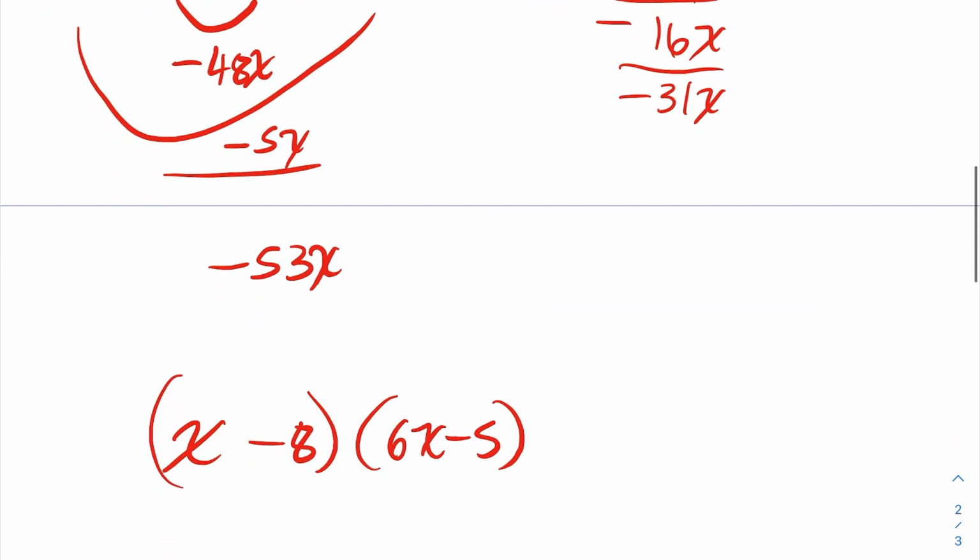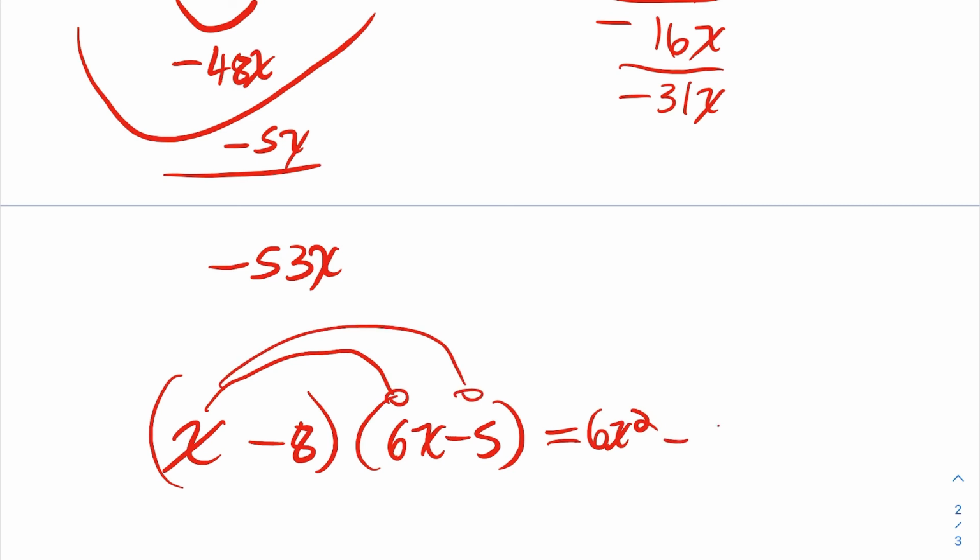When I do the foiling, x times 6x gives me 6x squared. X times negative 5 gives me negative 5x. Negative 8 times 6x gives me negative 48x. And then last times last, negative 8 times negative 5 is positive 40.